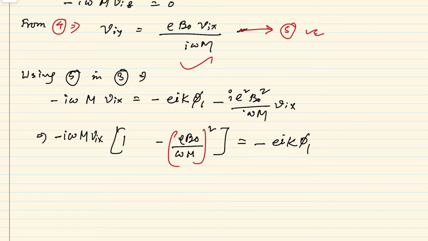We know the electron cyclotron frequency was omega c, that was e B naught by omega small m. Now here it is capital M, so it will be the ion cyclotron frequency. Instead of small m, we have now capital M. So instead of omega, we write Omega c, which represents the ion cyclotron frequency.